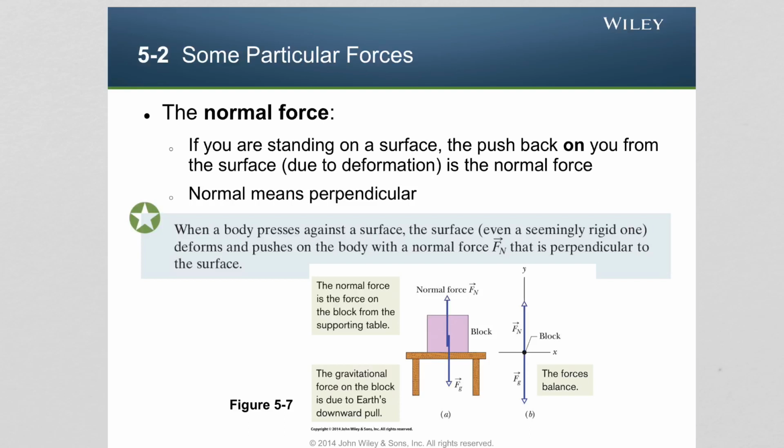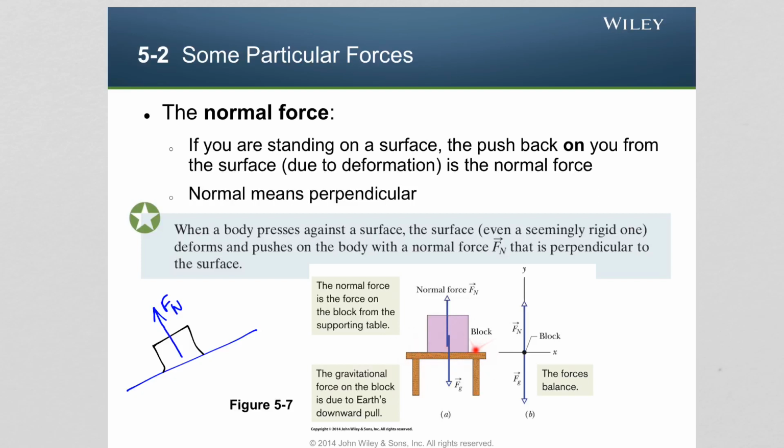So here, the block is resting on a horizontal table surface, so the normal force is perpendicular to that table surface. If you had an incline and the block was resting on the incline, then the normal force will be perpendicular to the incline, like so. So again, the normal force is always perpendicular to the first surface on which the object is resting.